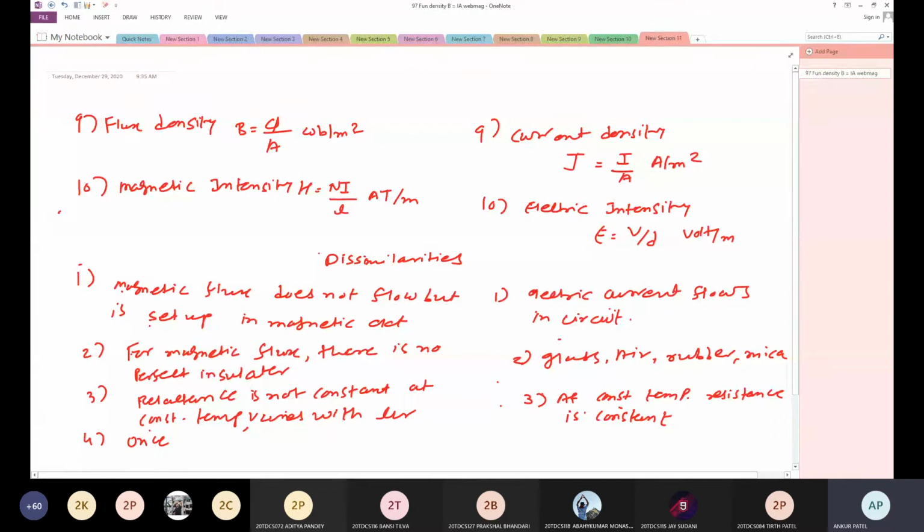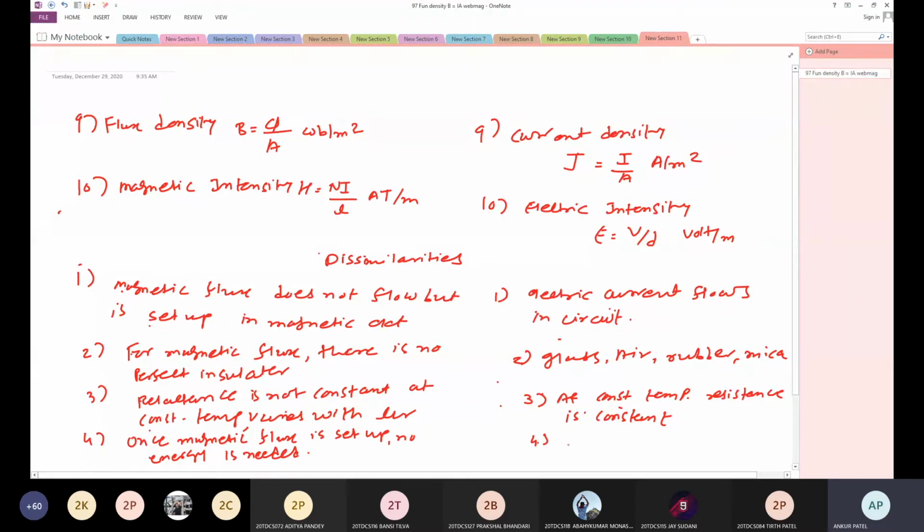Once magnetic flux is set up, no energy or no continuous supply is needed. Here, energy is needed as long as current flows through electric circuit.